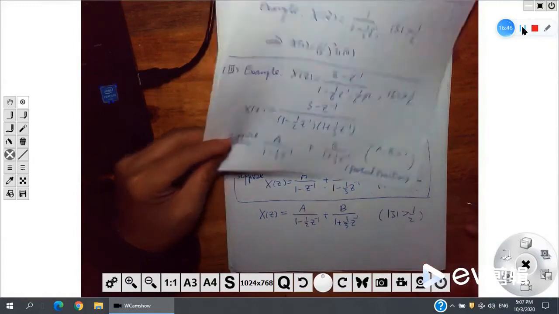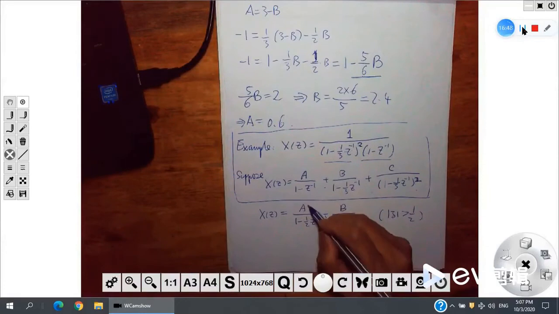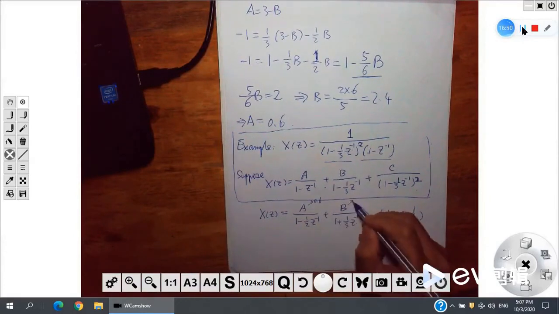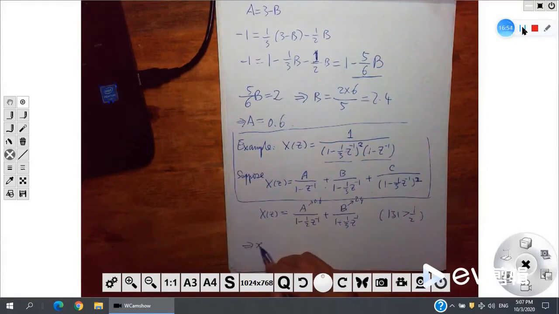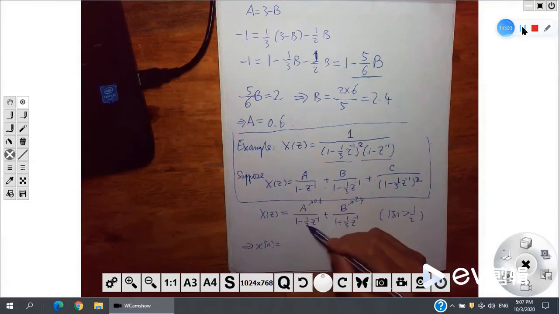Alright. And a is 0.6, b is 2.4. So we have x of n, you see, z larger than 1/2, and here is 1 minus 1/2. So this is exactly the same thing in the table.